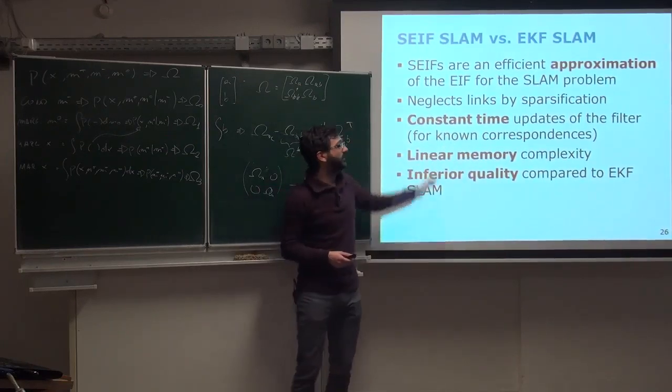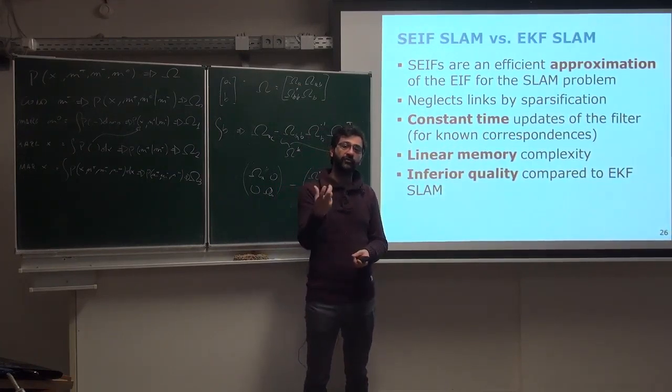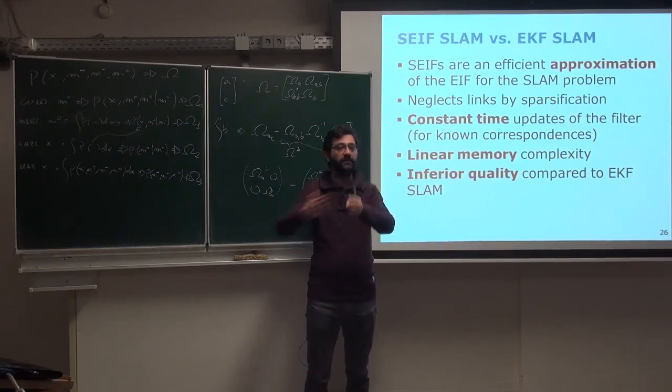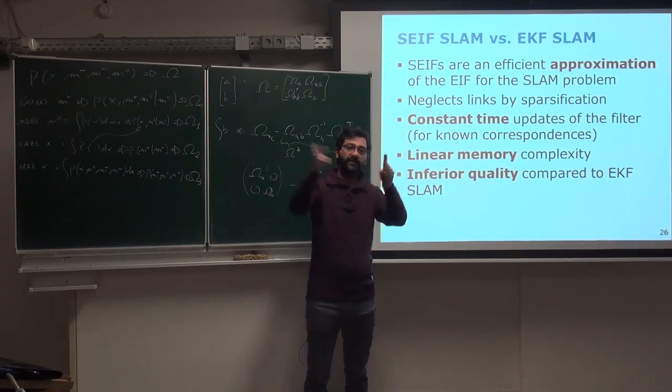We have a linear memory complexity, because the number of non-zero values in the information matrix is proportional to the number of landmarks, but not to the square of the number of landmarks, since we are bounding them. And we do not need to store the zeros in this matrix. So we just store a list of non-zero values. We don't really have a full dense matrix, but basically a list of lists.